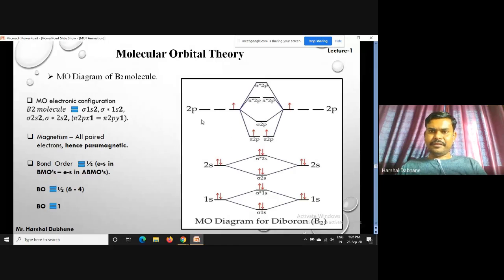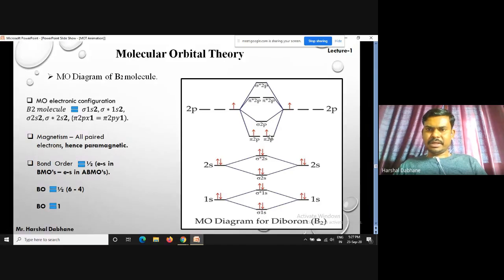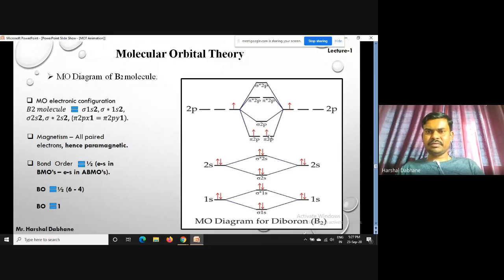Finally we have the p orbitals. They have only one electron but three orbitals. These three orbitals undergo LCAO approximation and can form six molecular orbitals, out of which two are sigma molecular orbitals, sigma 2px and sigma star 2px. The other four molecular orbitals are pi orbitals, formed by the lateral overlapping of py or pz.